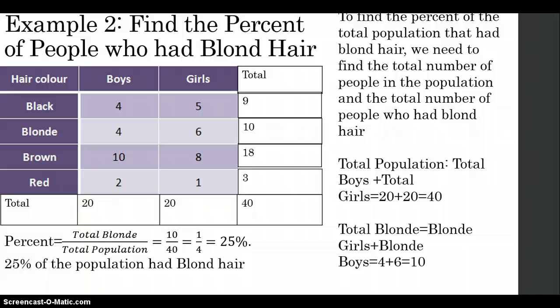And then the total population is going to be the number of girls and the number of boys. There's 20 girls and 20 boys, so there's 40 in the total population. So our percent is going to be total blonde over total population, which is 10 over 40, which is equal to 1/4, which is equal to 25%. So 25% of the population had blonde hair.